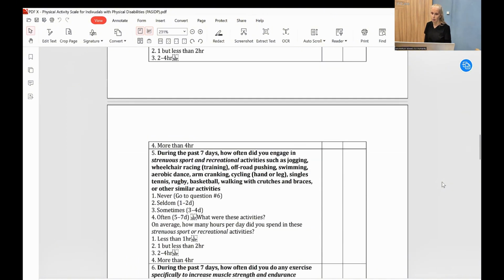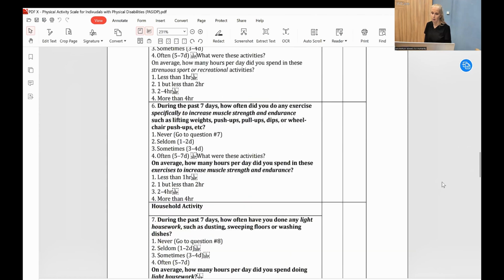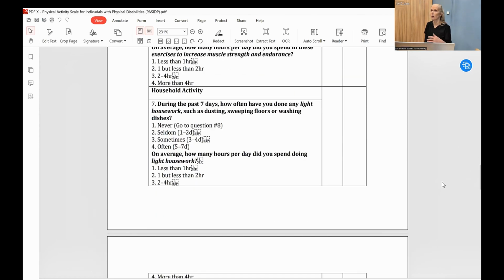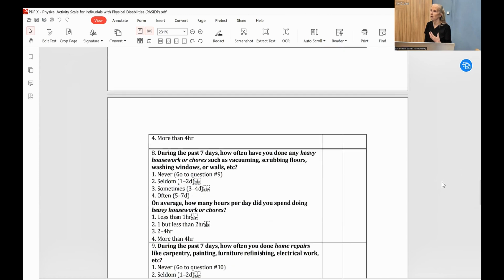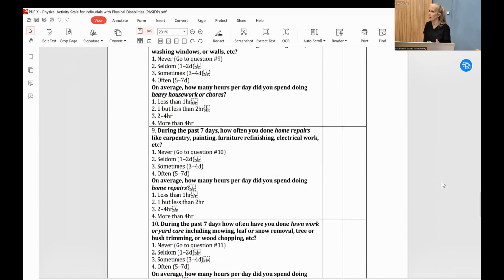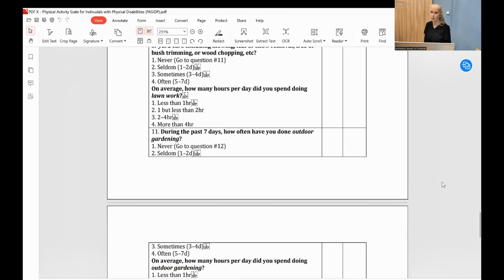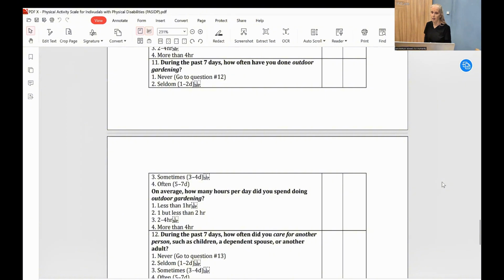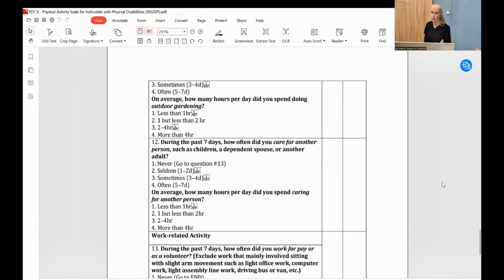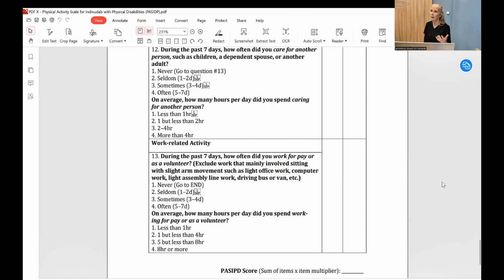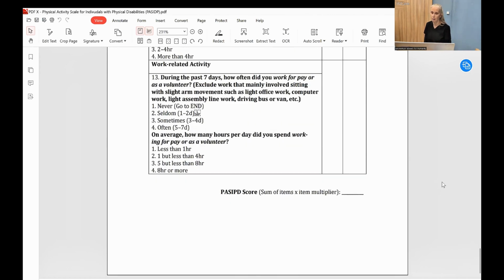So it allows you to gather a little bit more information, particularly at the participation level of the patient. So for example, it asks how often are you outside doing outdoor activities, such as gardening?